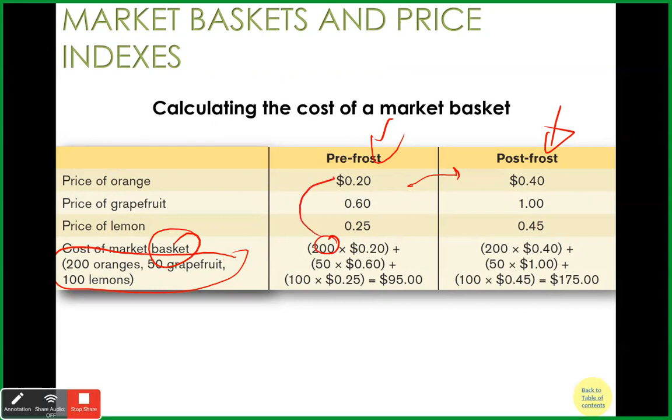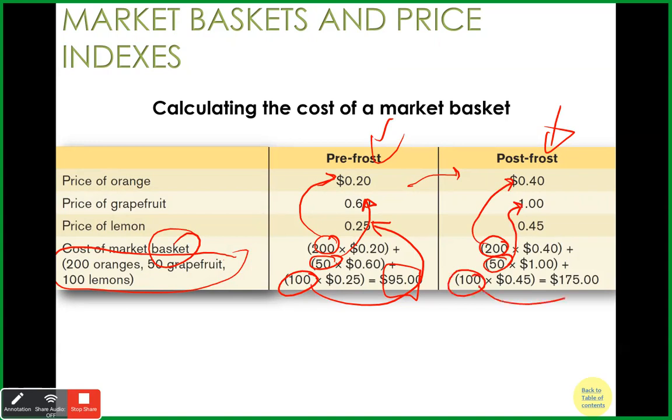Actually, I'm going to go to here. 50, 100, right? And then we end up with 95. That's before frost came. After frost, simple, same basket. Same basket.